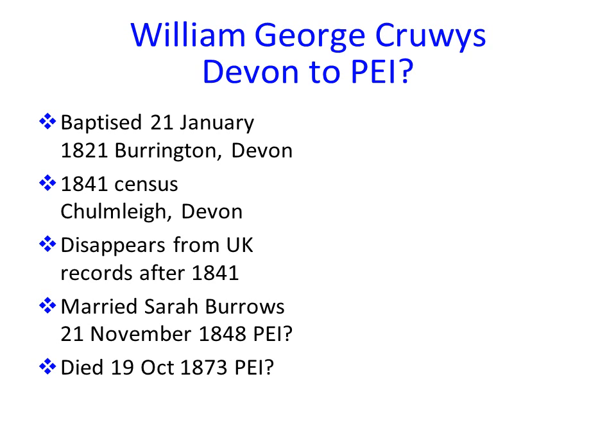I did find a likely candidate in Prince Edward Island, Canada, and the naming patterns of the children corresponded with the naming patterns in Devon. And I found a marriage for a William Cruse to a Sarah Burrows.